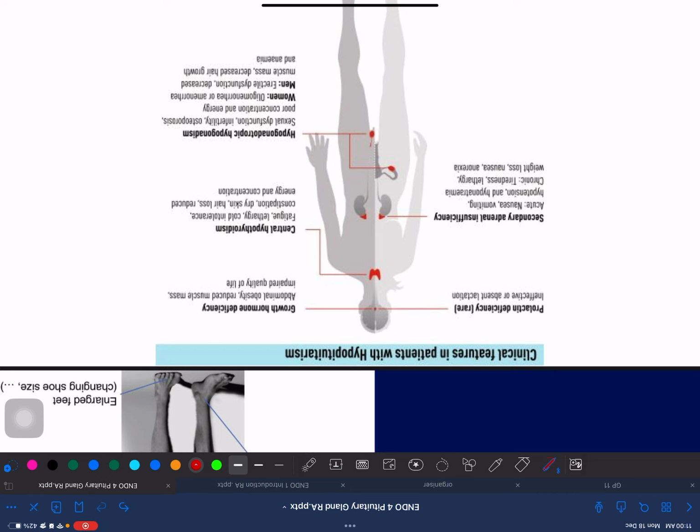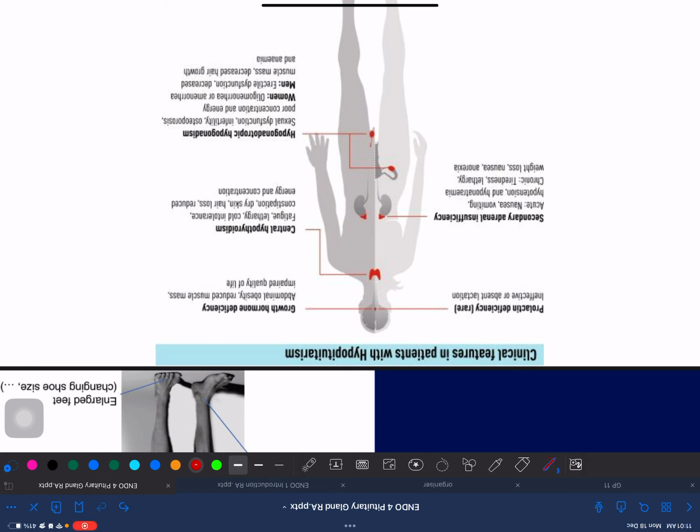Hypothyroidism causes fatigue, lethargy, cold intolerance, constipation, dry skin, hair loss, and reduced energy and concentration. Hypogonadotropic hypogonadism causes sexual dysfunction, infertility, osteoporosis, poor concentration, and low energy. In women, hypopituitarism can cause oligomenorrhea or amenorrhea, no menses at all. In men, it can cause erectile dysfunction, decreased muscle mass, decreased hair growth, and anemia. These are the features of hypopituitarism.